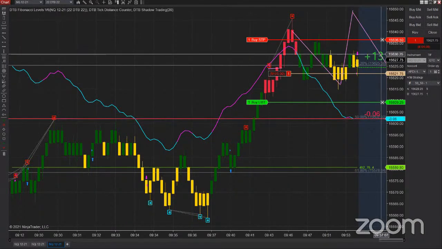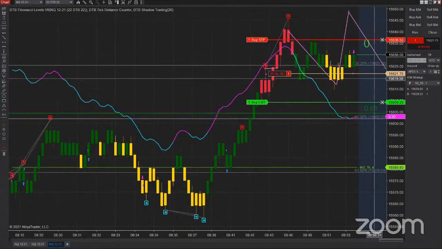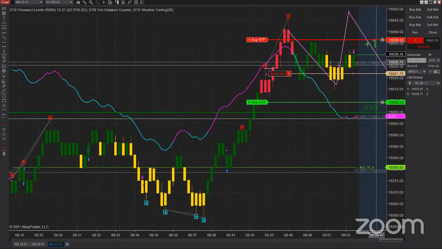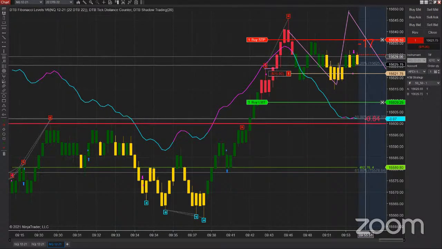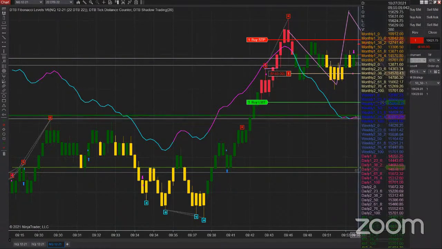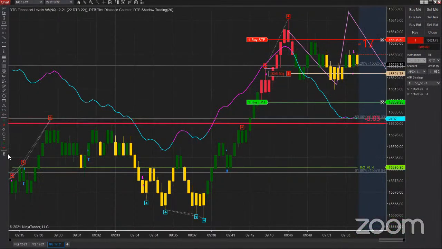We have a green bar now, so probably jumped in a little bit soon, but this is where you'll be starting to look. When the bar closes, the coloring of that bar is what it's going to stay. So the last bar closed green, and this bar, we'll see if it closes green or gold.